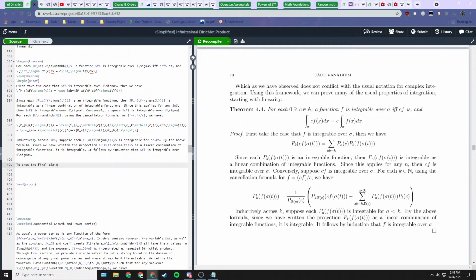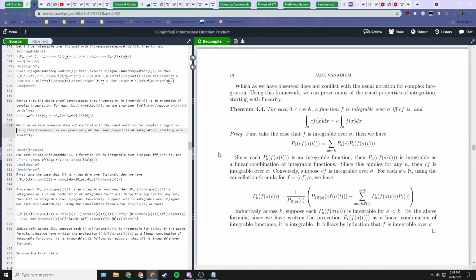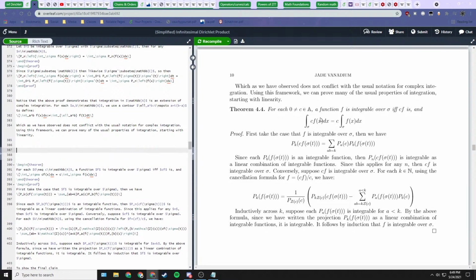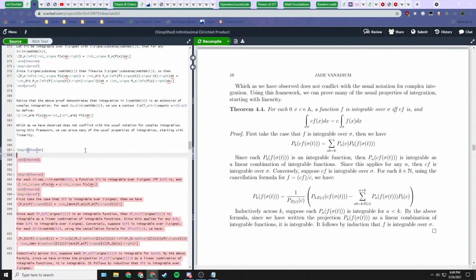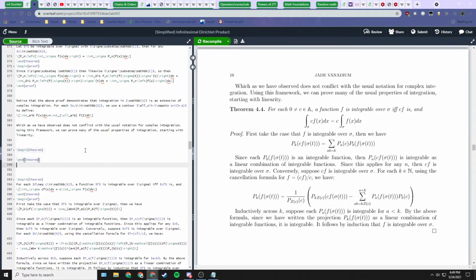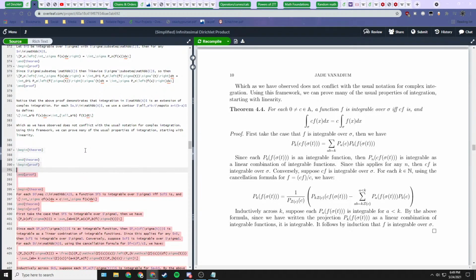Let's leave that there. We'll come back to that in a second. That's to prove this second claim. So we've proven that they have this dependency of integrability. What we actually want to do first is prove additivity, because that'll be a little helpful, I think.